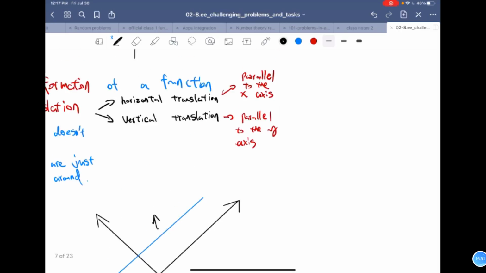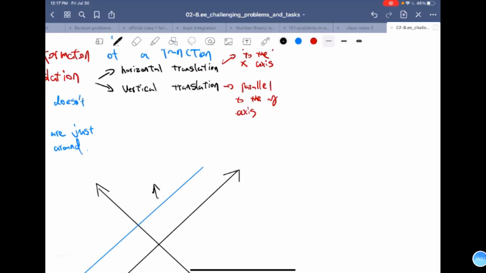That is the line parallel to the x-axis.